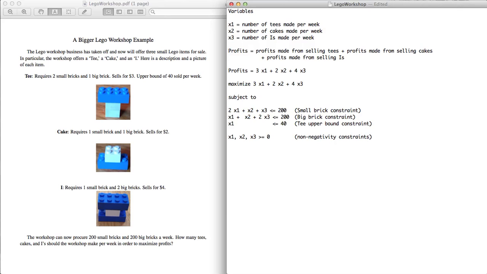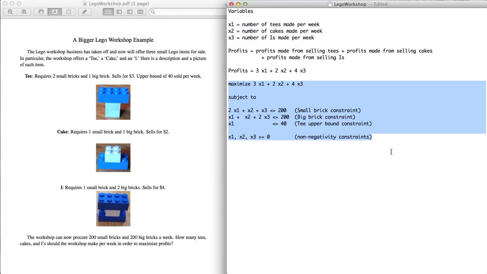And so what we've basically accomplished, if I look right now, this highlighted area is our linear programming model of our Lego Workshop example.